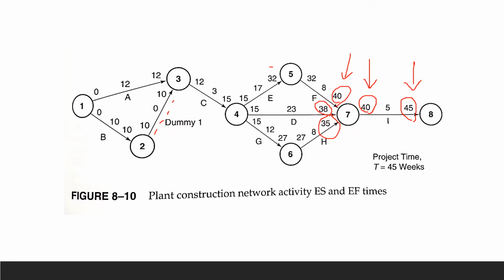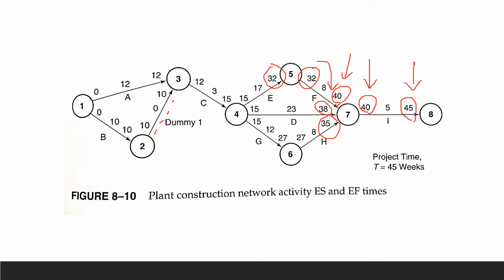The same thing: starting 32, ending 32, we're going to start with 32. So that's a 32 week. We're going to do activity F, and we're going to spend 8 weeks. So therefore, at this step, we're spending a total of 40 weeks.